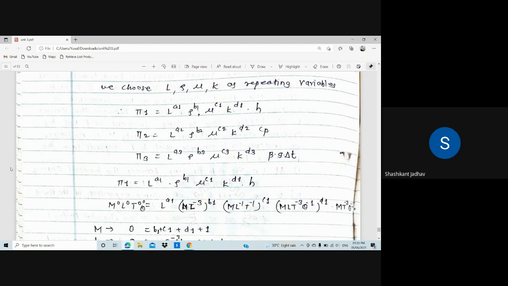Then pi 3 is equal to L raised to A3, rho raised to B3, mu raised to C3, K raised to D3, beta G delta T. Okay, total 7 terms are there. So 4 repeating variables, and we put one term in each pi term. Then we take the pi 1 term, and from that we calculate the values of A1, B1, C1 and D1 by comparing the powers on both sides.